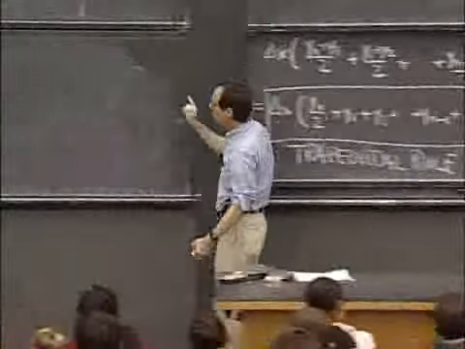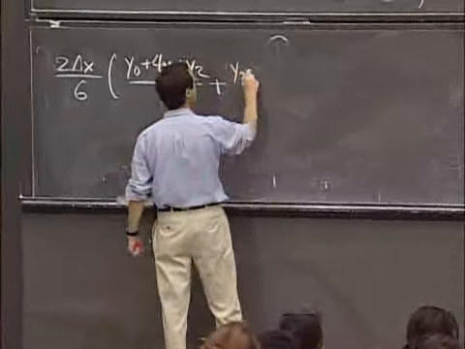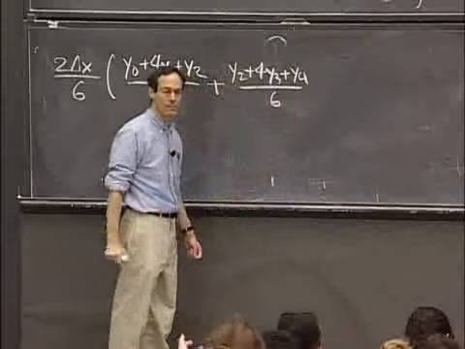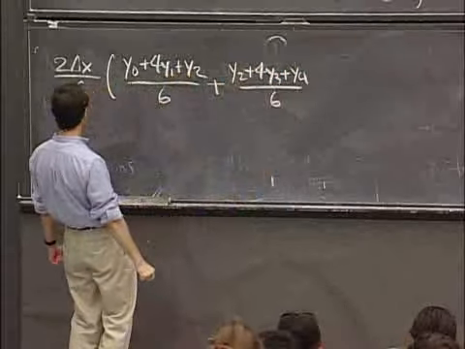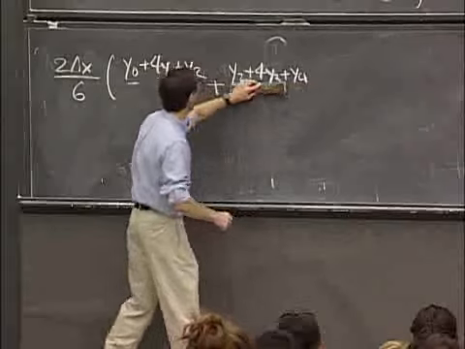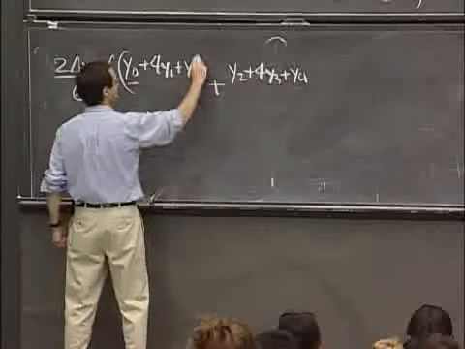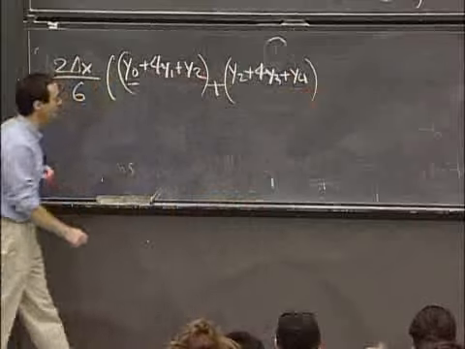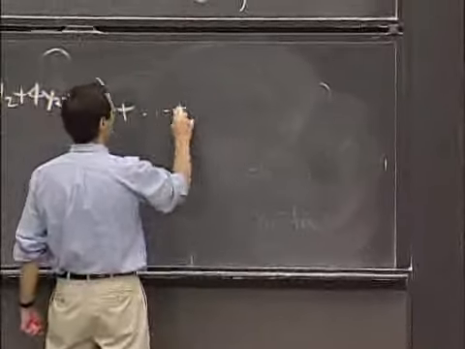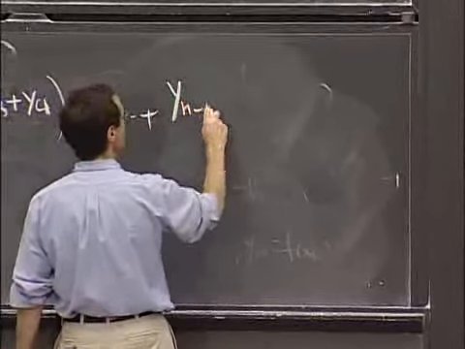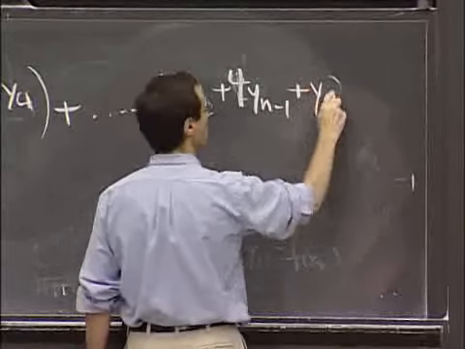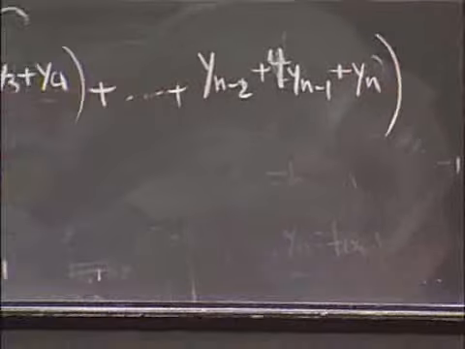So the next one involves the indices 2, 3, and 4. So this is y2 plus 4y3 plus y4. Oh, no. I think I'll get rid of these 6s. I have too many 6s. Let's take them out and put them out here. All the way to the end, which is yn minus 2 plus 4yn minus 1 plus yn. I was about to divide by 6, but you saved me.